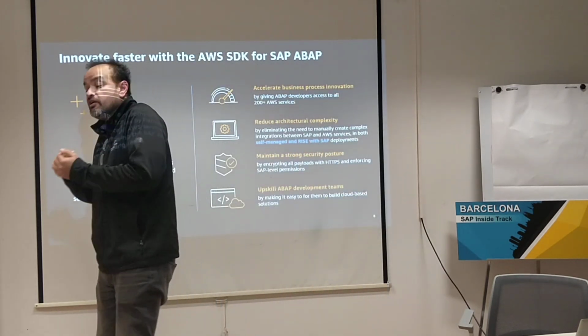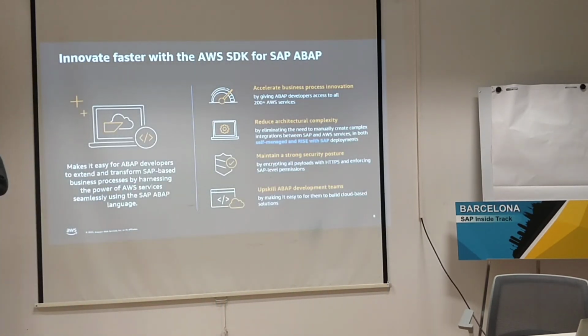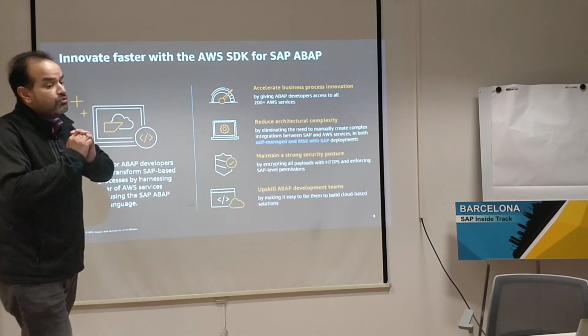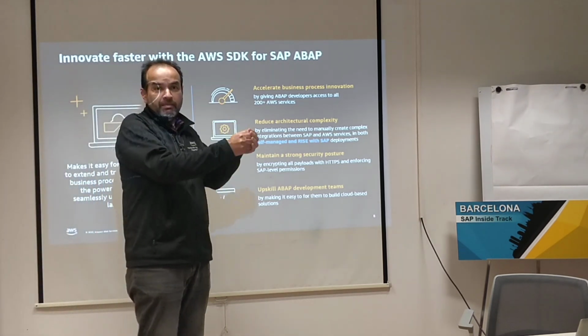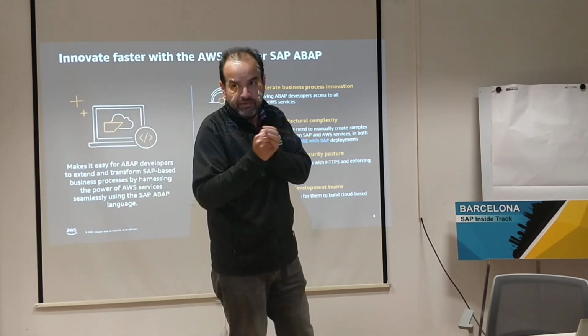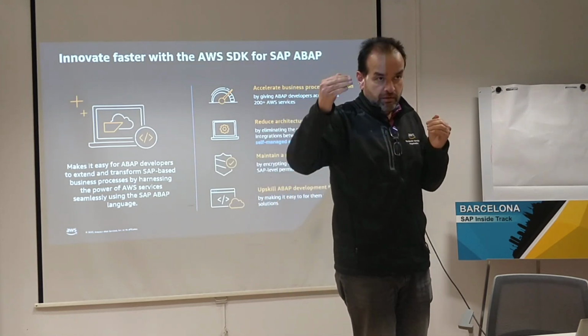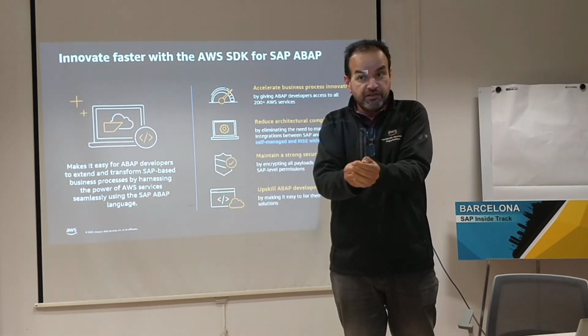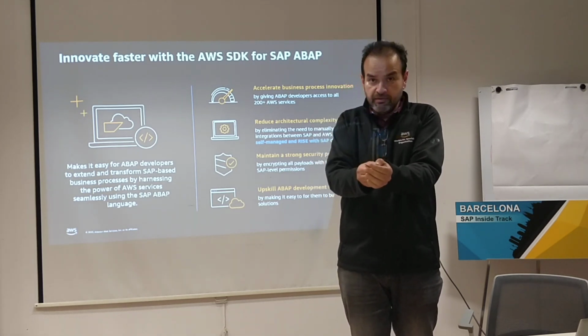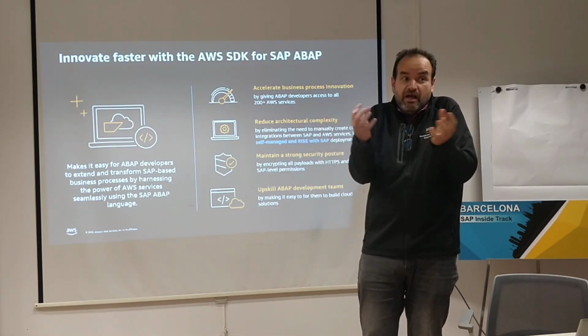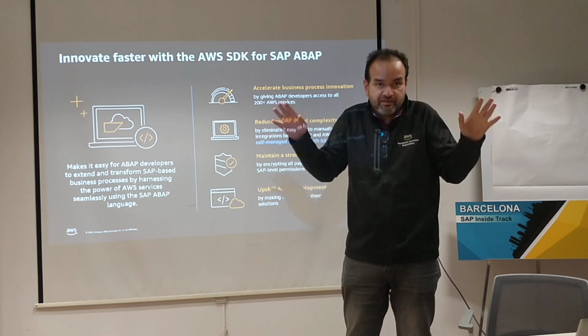I have a customer who has been removing some of the infrastructure that they had only to integrate with the queue mechanism on AWS. They needed to send interfaces to another system, and they were sending a message to a queue mechanism on AWS, but ABAP and AWS do not understand each other at all.